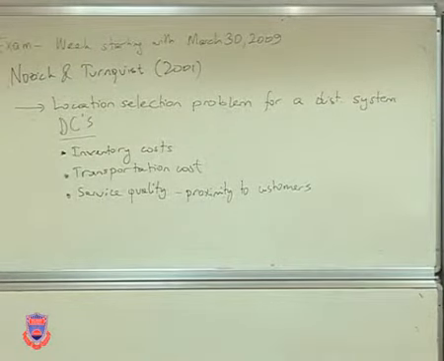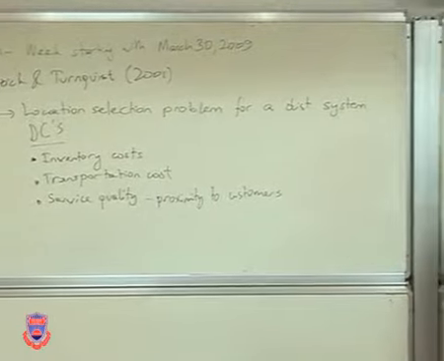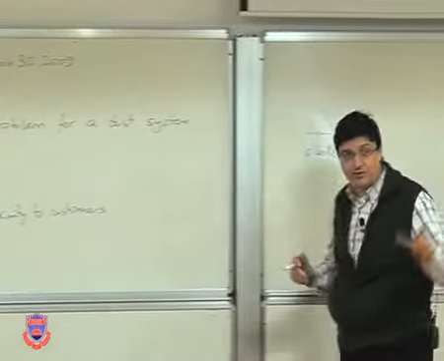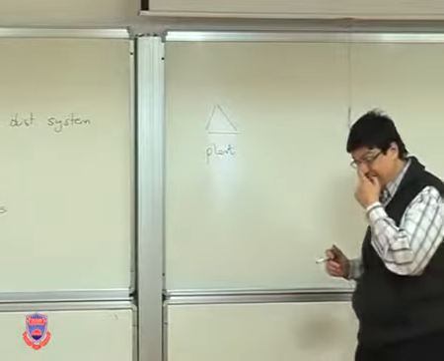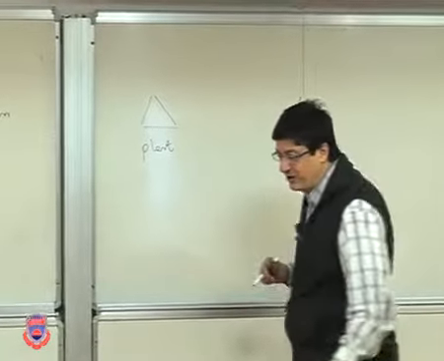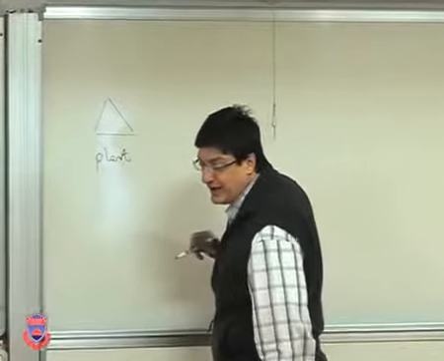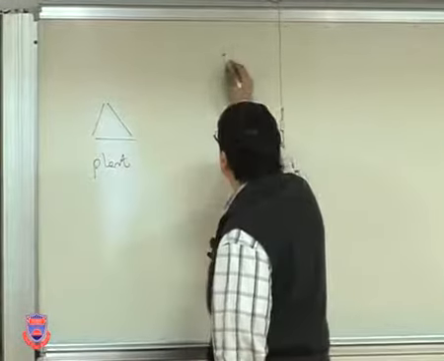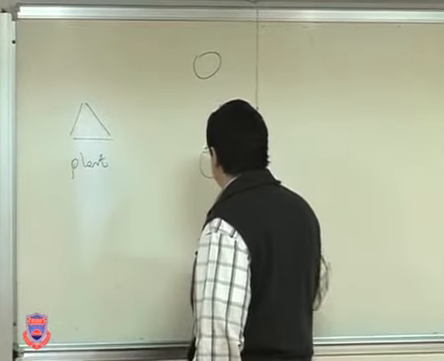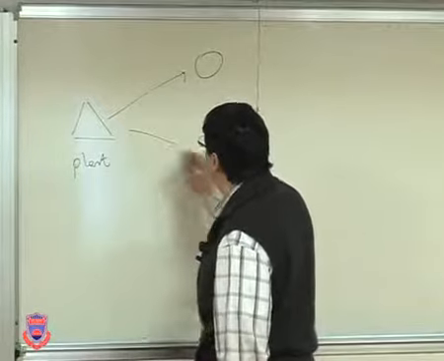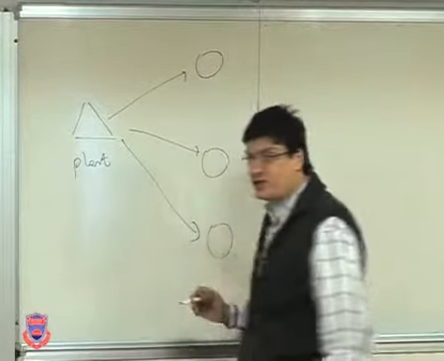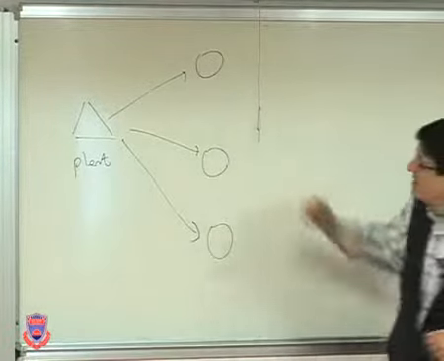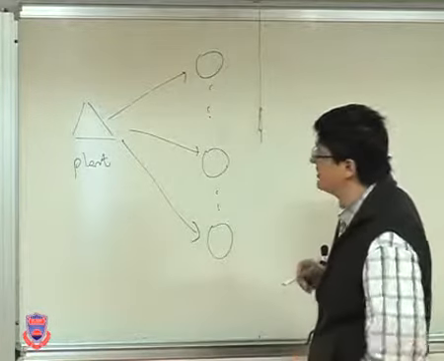Now, the classical problem is, of course, you have a plant here. Okay? Usually we show plants with triangles, meaning that there is some kind of manufacturing going on. And then you have DCs, which are served by the plant. So in this case, we assume that there is a single plant. So we have some DCs which are served.